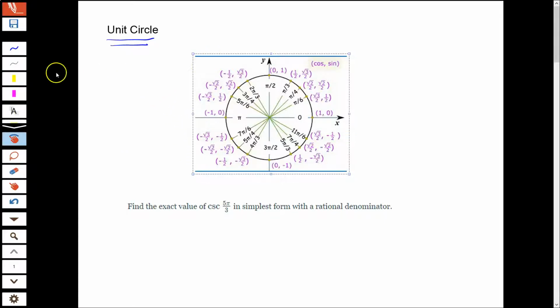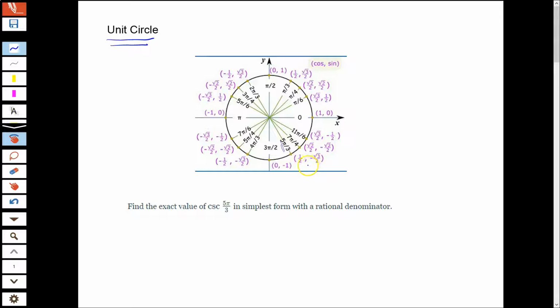So what we're going to do is find 5 pi over 3 in the table. And these come in both degrees and radians, so make sure you find one in radians if you're looking one up online. Here it is. And this gives you the values of all sine, cosine, and tangent here in the table. Okay, so 5 pi over 3 is the coordinate 1/2, negative root 3 over 2.